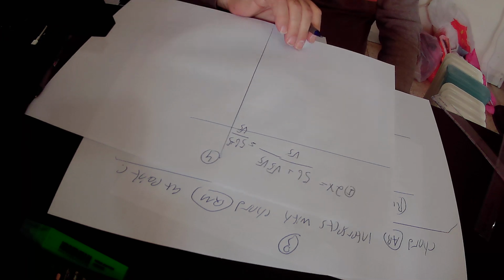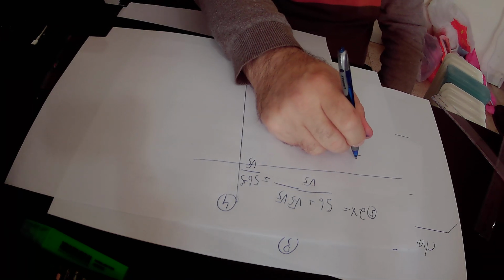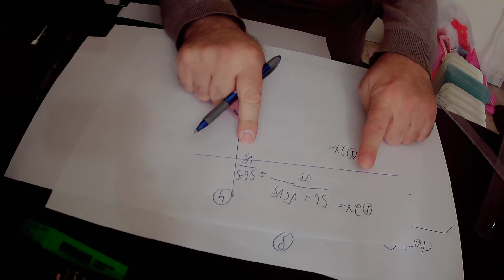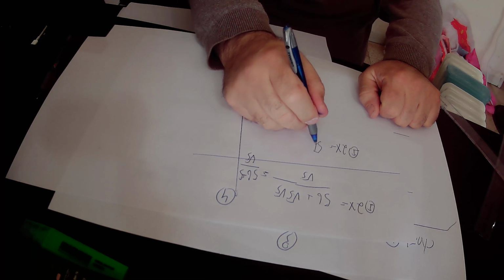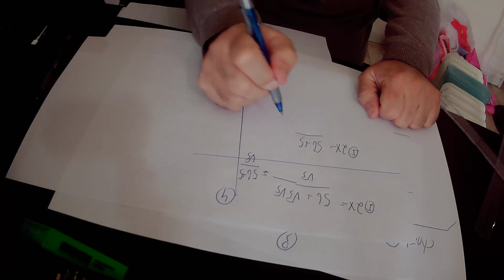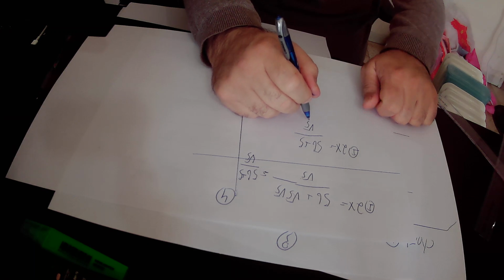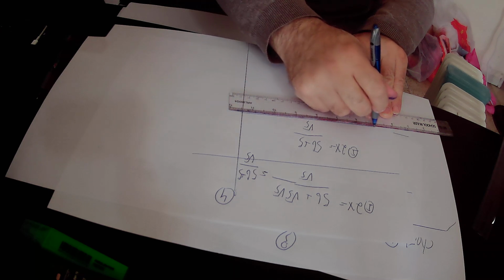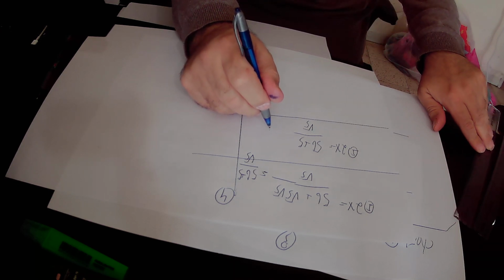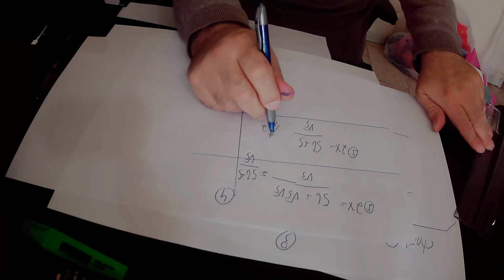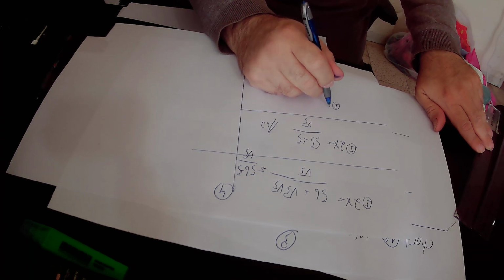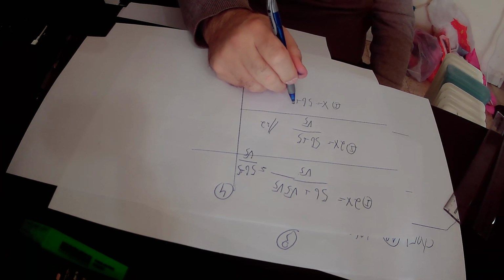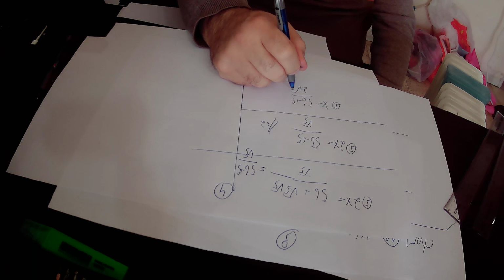So 2x equals 5b plus 5 over square root of 5. Here we divide this equation by 2, and then we get that x equals 5b plus 5 over 2 times square root of 5.